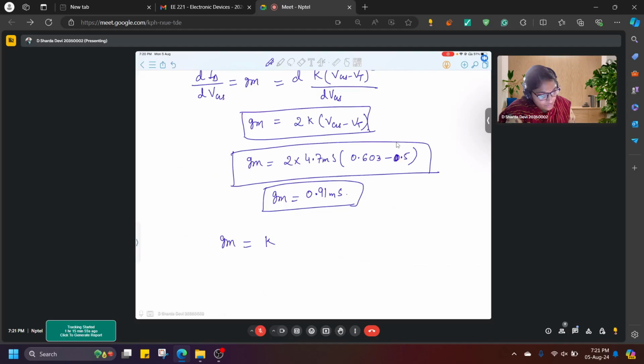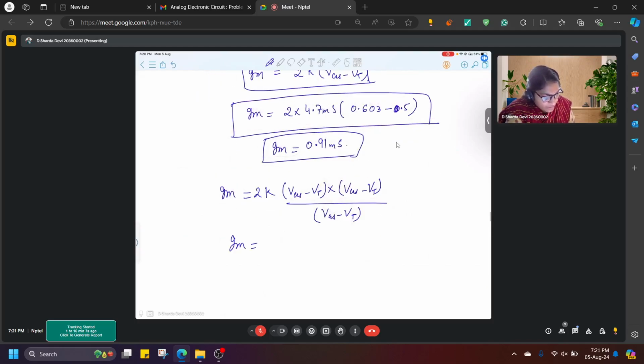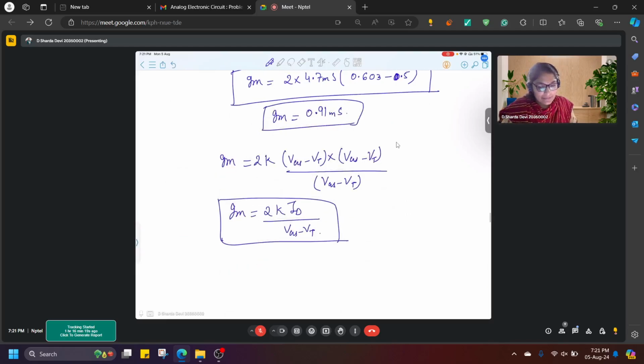So what will happen? 2K times (VGS minus VT) into (VGS minus VT) upon (VGS minus VT). So your gm will be 2 ID upon (VGS minus VT). So both the formulas are correct. You can use any formula you want. Is it clear?